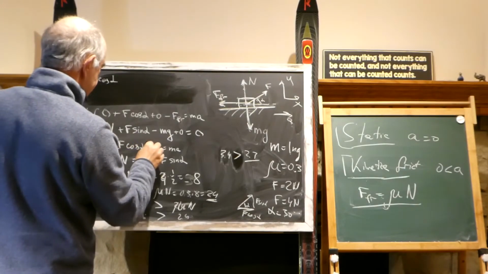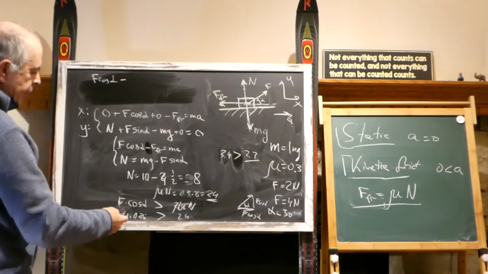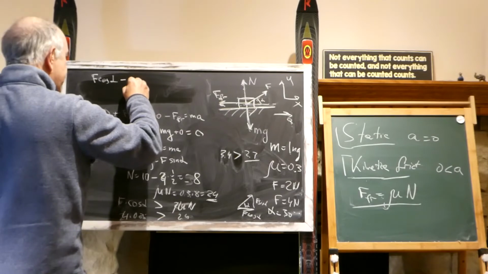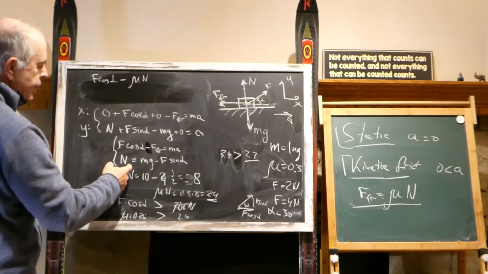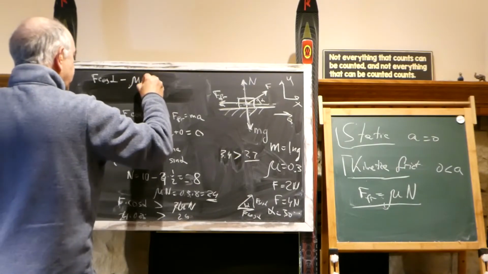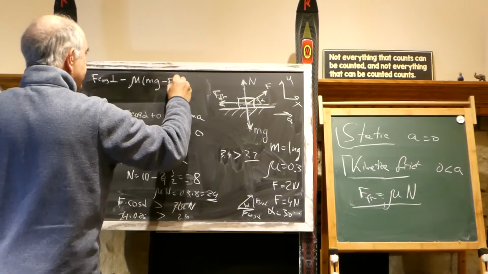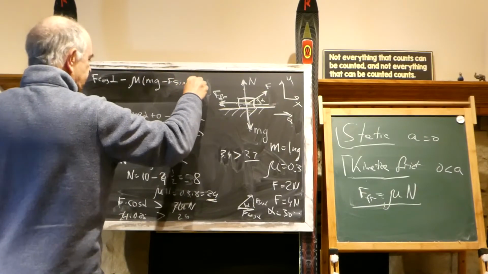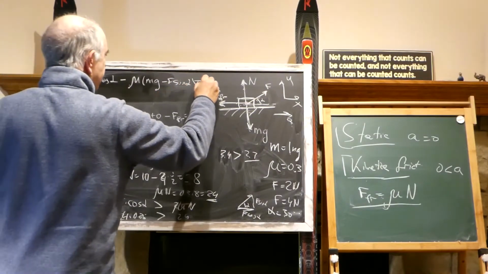Of course, this is minus, but it affects nothing, it is a typo. And the friction I know for a fact that it is mu N. And I know that N is this. So I type N, mg minus F sine alpha, and this would be ma.